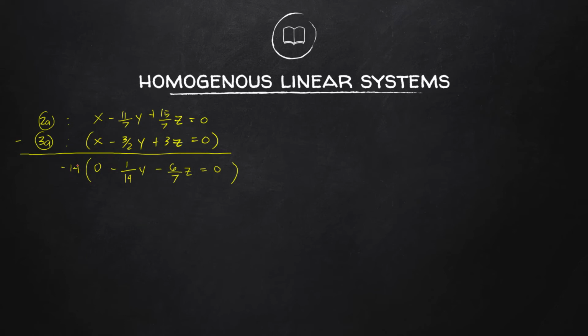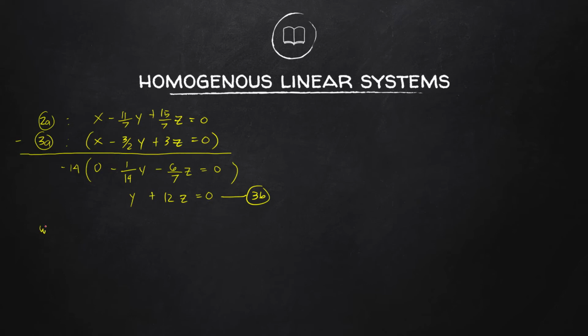And by multiplying that, we have your new equation: y plus 12z equal to 0. I'll call this equation 3b. So we have your new equations.